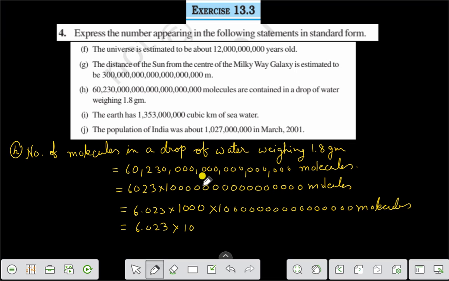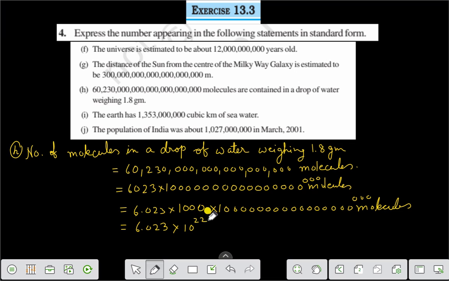That is 16 and 3 zeros, 17, 18, 19, right? 19 plus 3, 20, 21, 22.